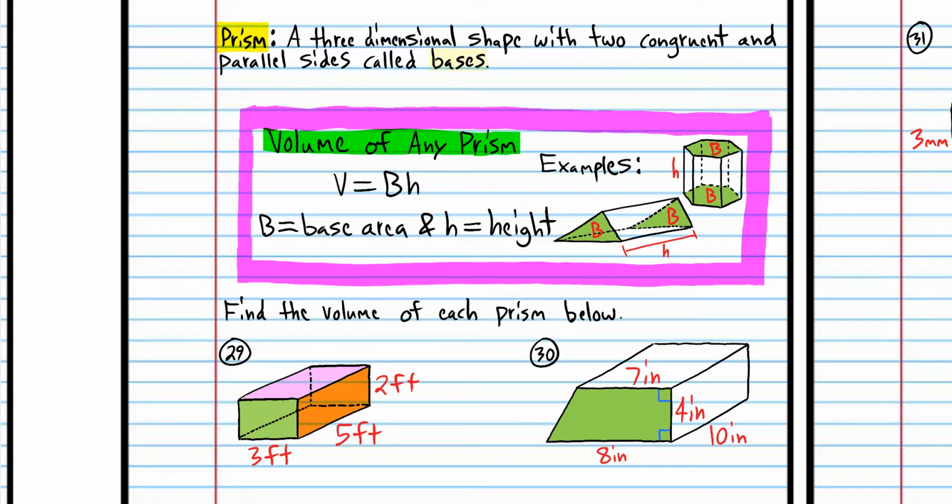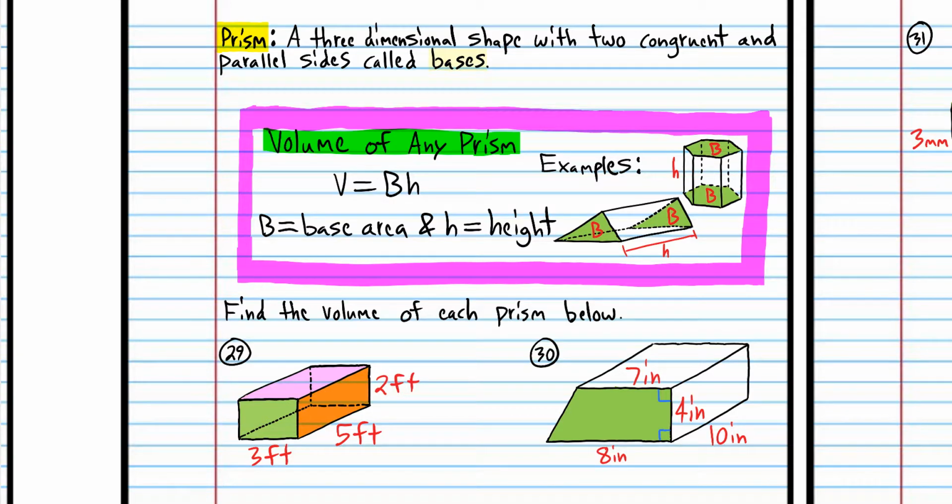And be aware that sometimes the prisms are set so that the bases are actually not on the ground, but those green triangles, even though you wouldn't necessarily think of it as the base because it's not set on the base, it's still the base because they're congruent parallel prisms. So what this formula tells us is to find the volume of any prism, you just take the base area, B, and then you multiply by the height.